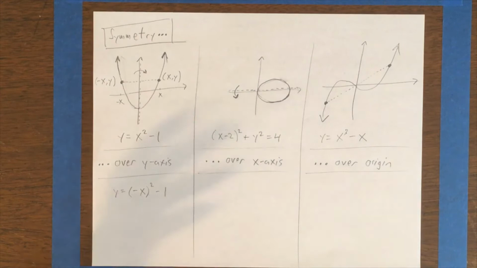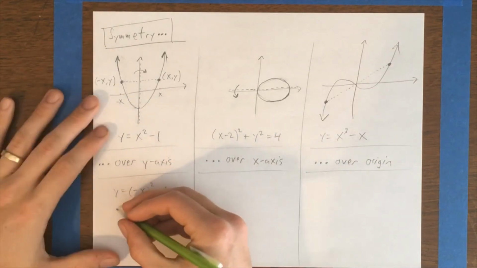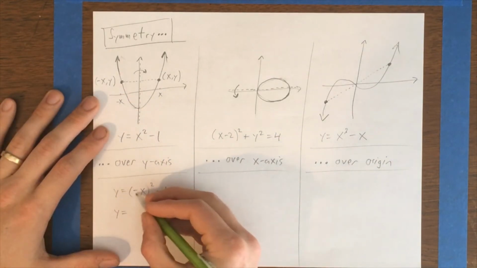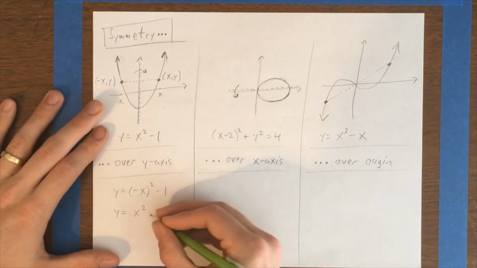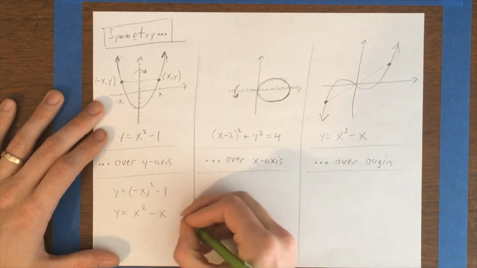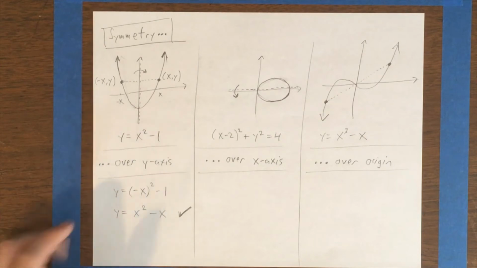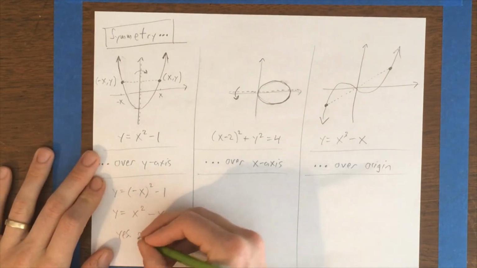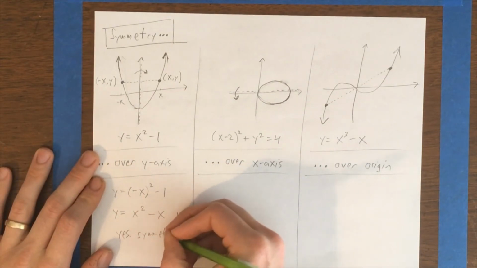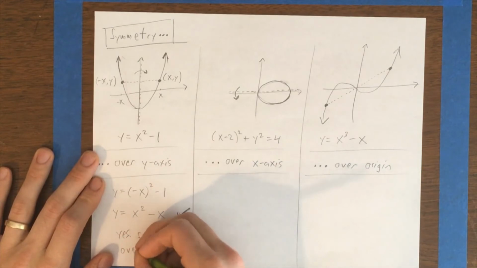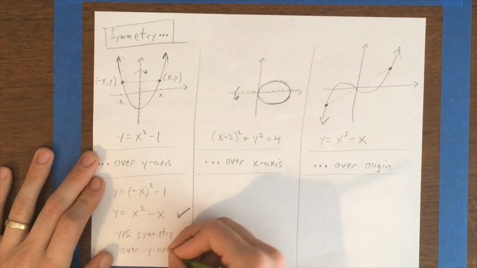In this case, if you square a negative number, you get the same result that you would have gotten if you had squared its positive opposite. So the negative x squared is the same as positive x squared, which is the same as the original equation. So that demonstrates, yes, symmetry over the y-axis. Okay.